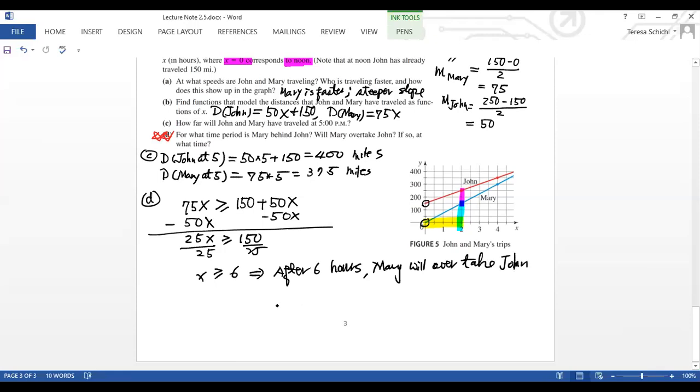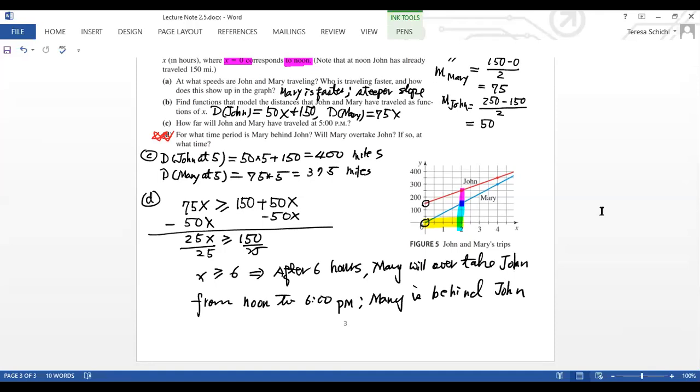From noon to 6 o'clock p.m., Mary is behind John. After 6 o'clock, Mary is going to pass John and head off John. Okay, and that's it.